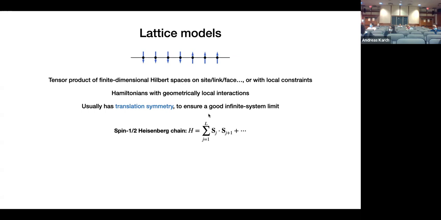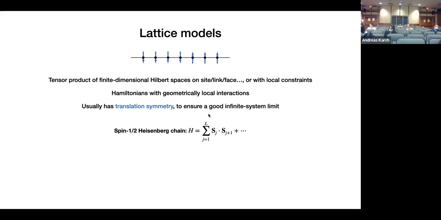An important example that will come back again and again later is the spin-1/2 Heisenberg chain. This is a model with a long history, and we're still learning new things from it. It's a one-dimensional chain, and on each site we have a spin-1/2 degree of freedom.